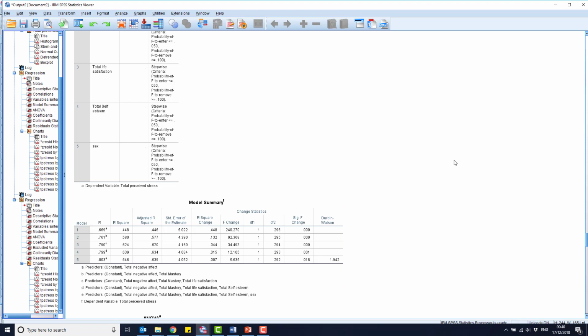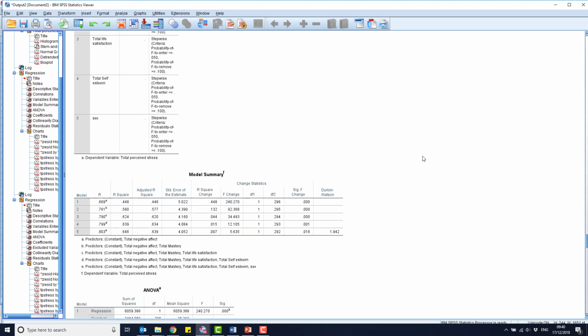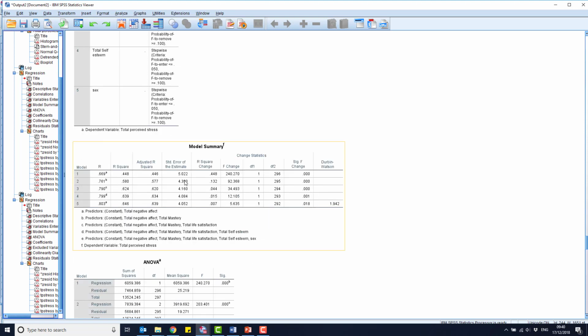What it has done is look mathematically at the most economic way of predicting perceived stress, but it's sort of taking all of our thinking out of the question, and that's why stepwise can be controversial.